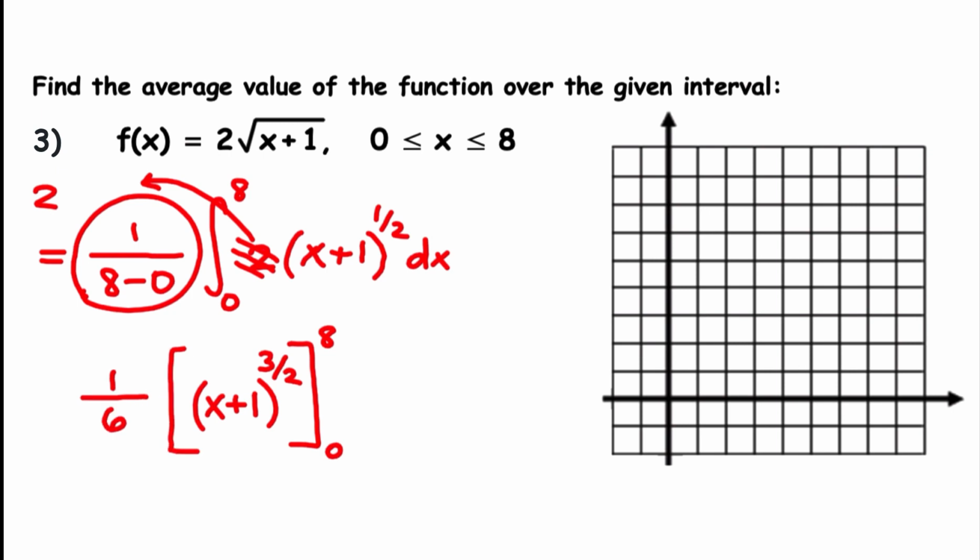You're probably wondering, what am I doing here? Why do I have a graph? I don't need a graph. And you're right, I totally don't need that graph. It's just there. Let's just see what this function looks like, though. If I was to plug in a 0 to this, it would be 2 times 1, which is 2. So the point 0, 2 is on it. If I was to plug in an 8, I would have 2 radical 9, which of course is going to be 2 times 3.